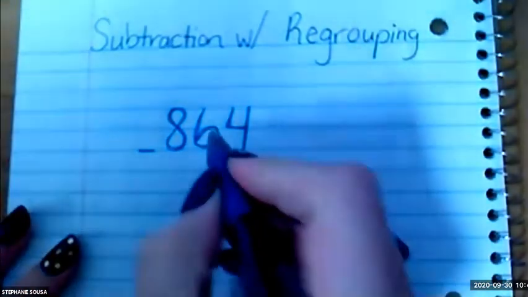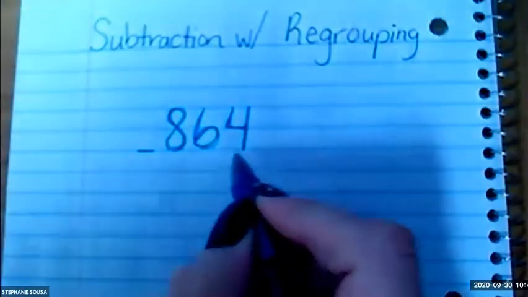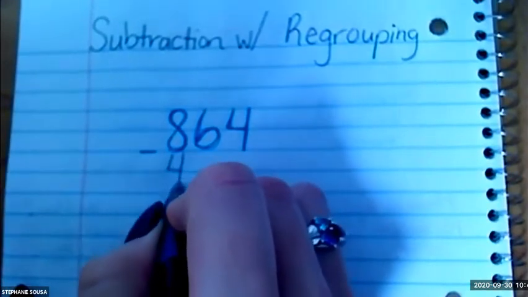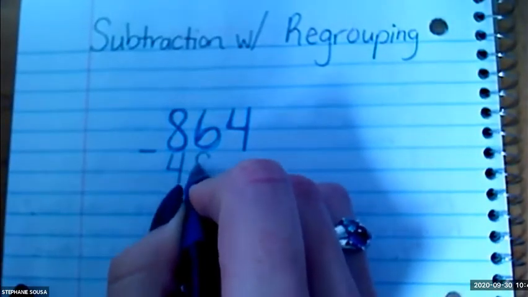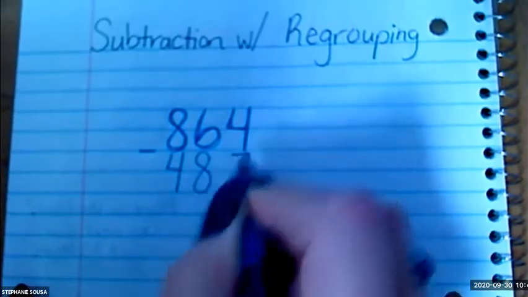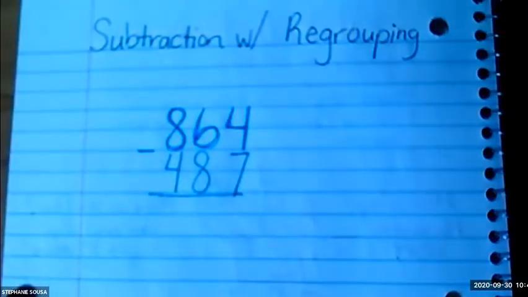Subtract, and we're going to subtract a smaller number because in subtraction, our subtrahend or our lower number is always going to be smaller. So let's subtract 487 today. So 864 subtract 487.